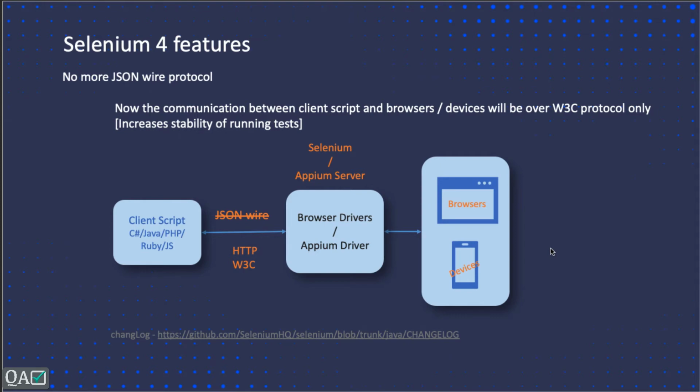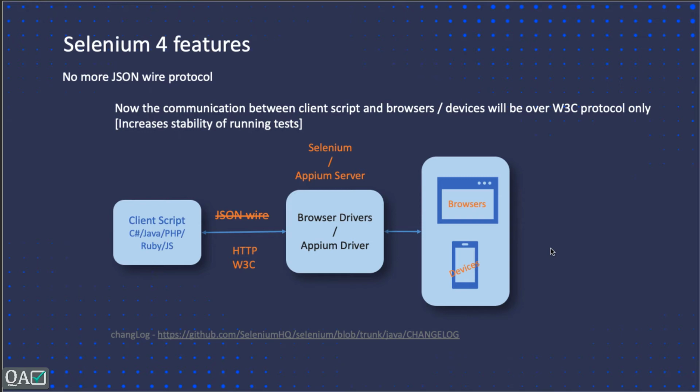Let's say you are doing a click event. What will happen? The script will encode that click event to the JSON wire protocol so that it can send your script from your client machine, where you have written the code and are executing, to the browser driver.